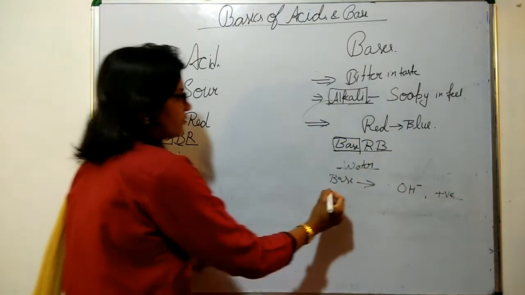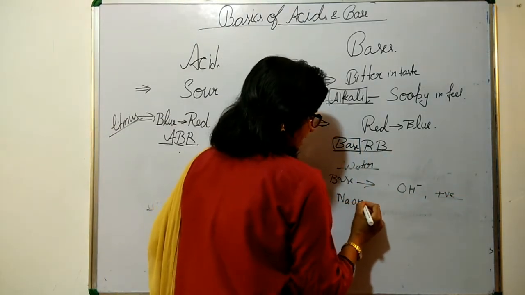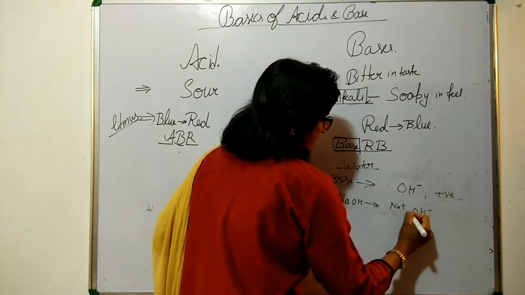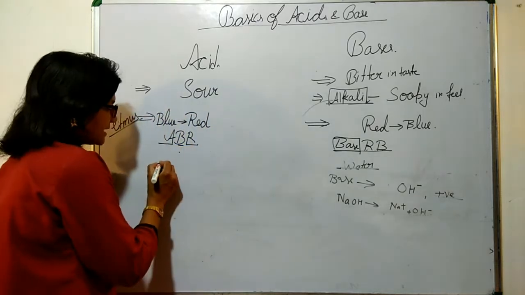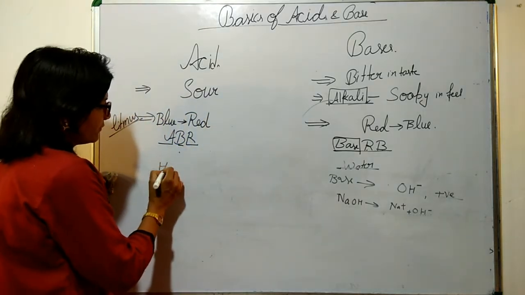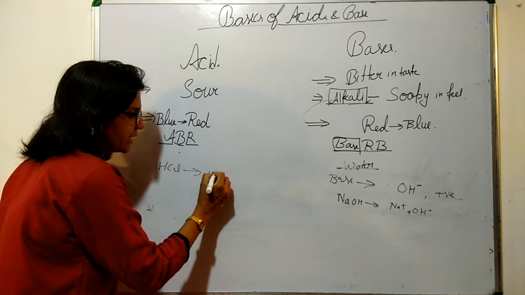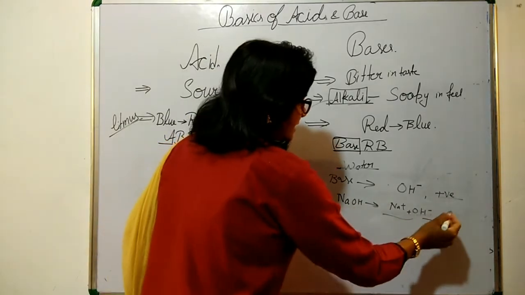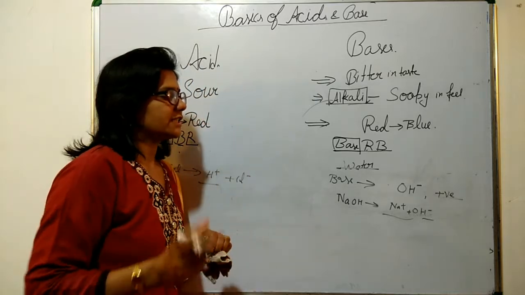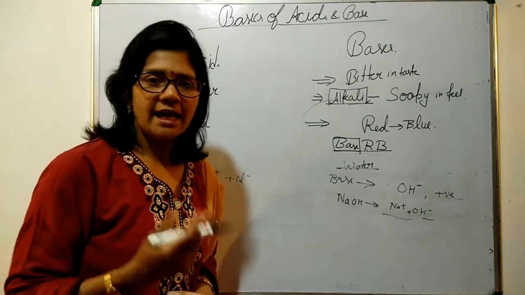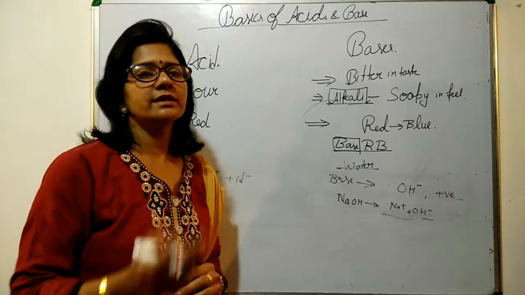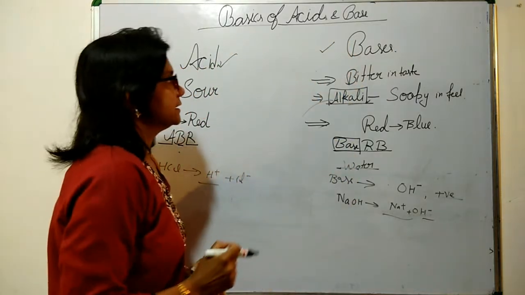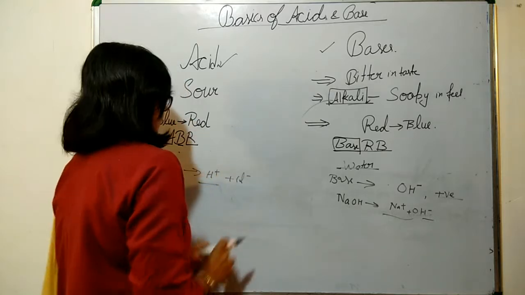Whatever, if we are taking NaOH, then it will be Na plus and OH minus. Exactly in the same way, if it is HCl, then H plus and Cl minus. As they dissociate into positive and negative ions, it helps the water to conduct electricity. So both of these conduct electricity.